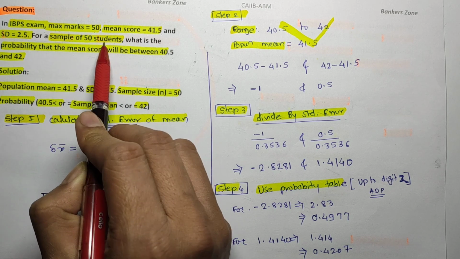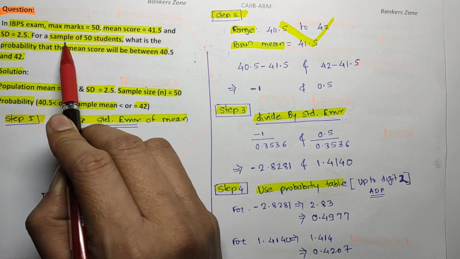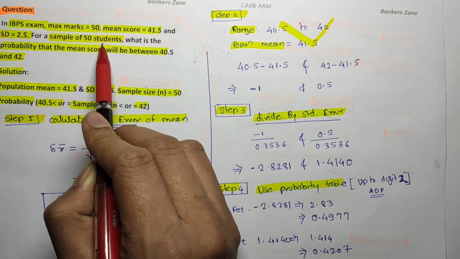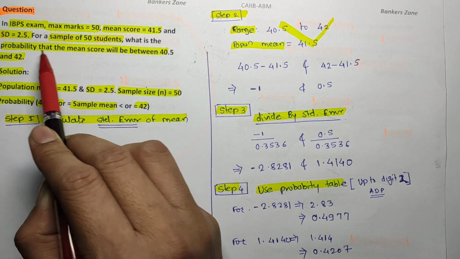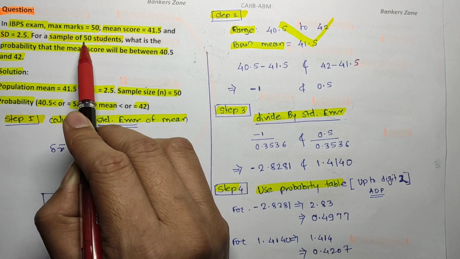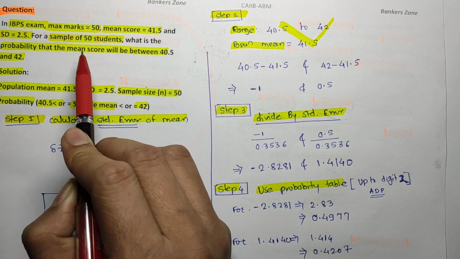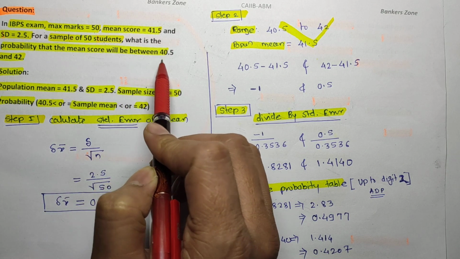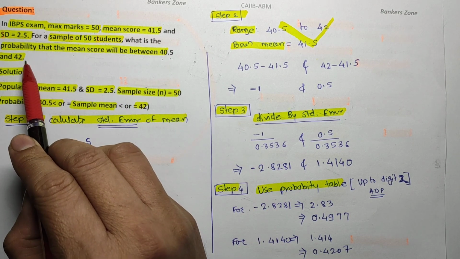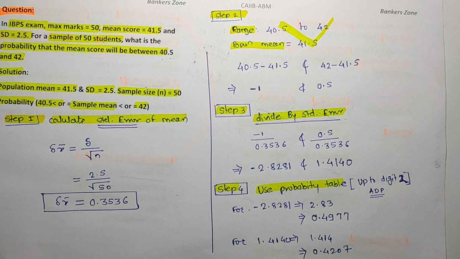For a sample of 50 students, small n is 50, and we have to find the probability that if we choose a sample of 50 students, their average will lie between 40.5 to 42. That probability basically we have to calculate.